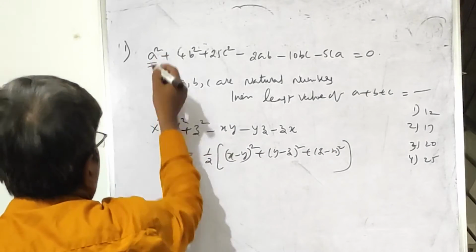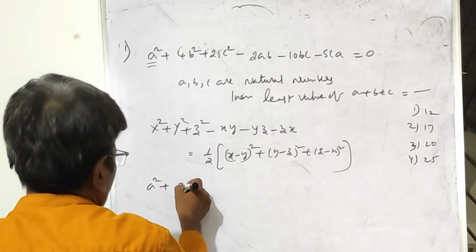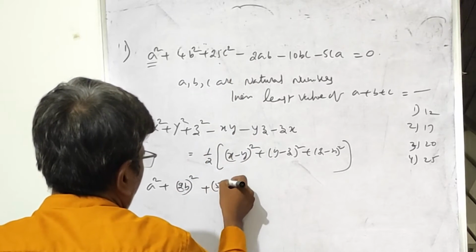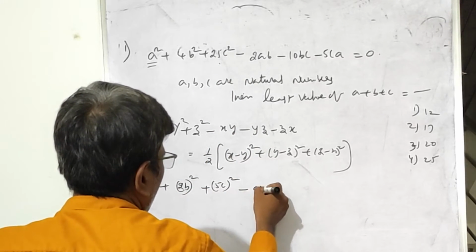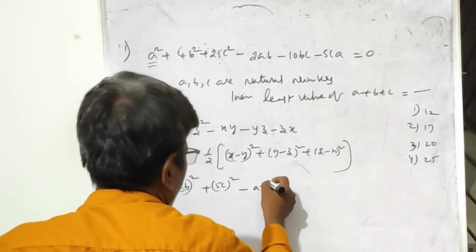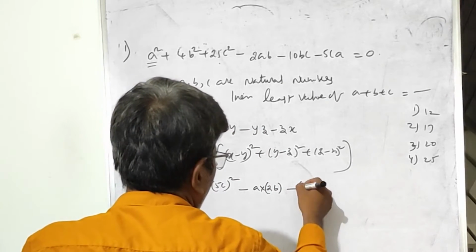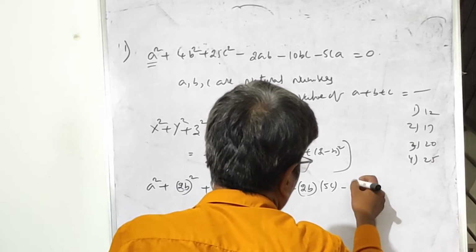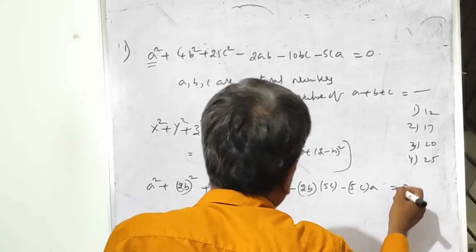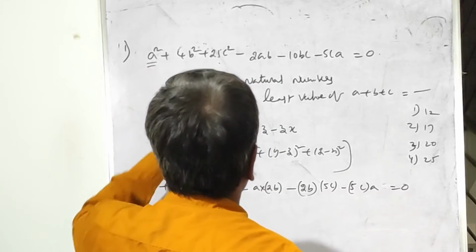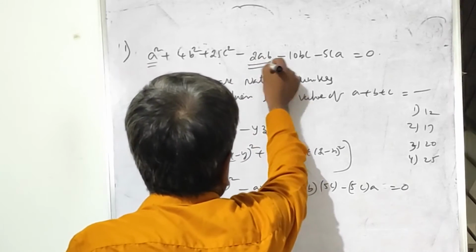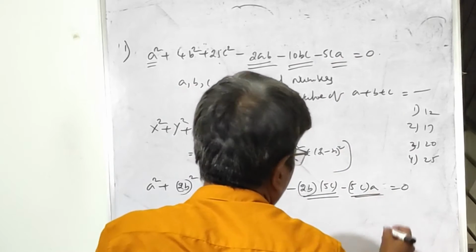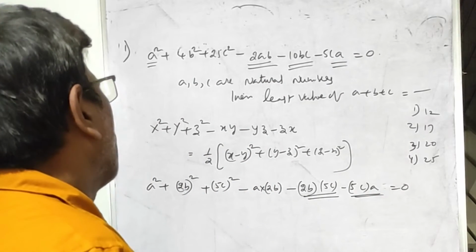So here x equals a, y equals 2b, z equals 5c: a square plus (2b) whole square plus (5c) whole square minus a into 2b, minus 2b into 5c, minus 5c into a equals 0.